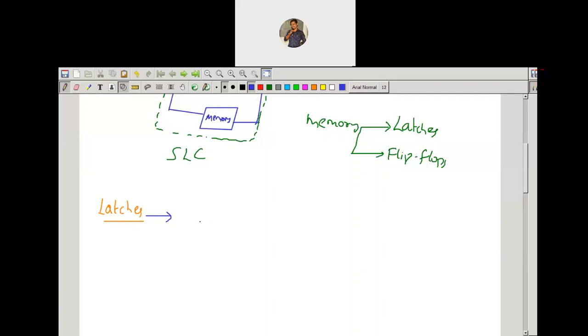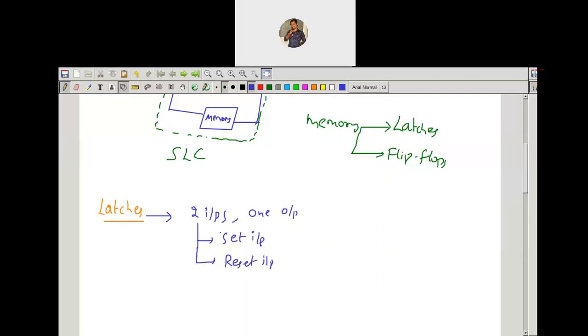So it is an electronic logic circuit. It is going to have two inputs and one output. Among these two inputs, one is the set input and the other is the reset input.